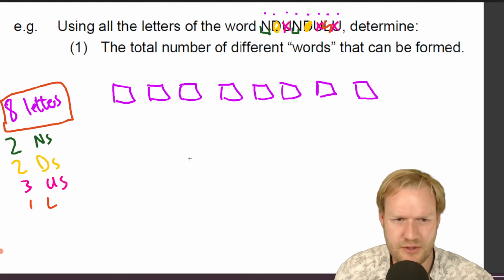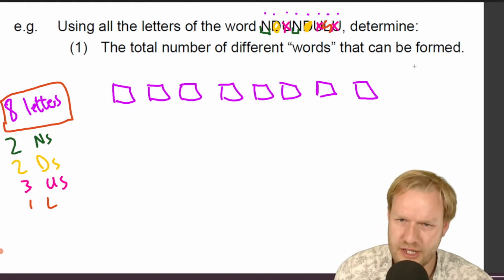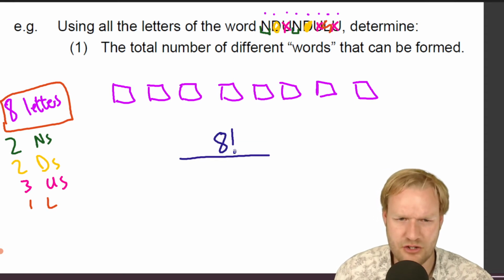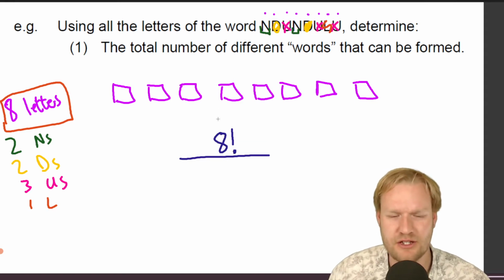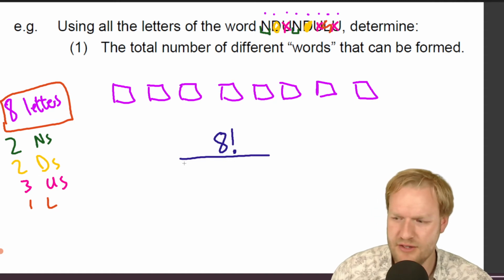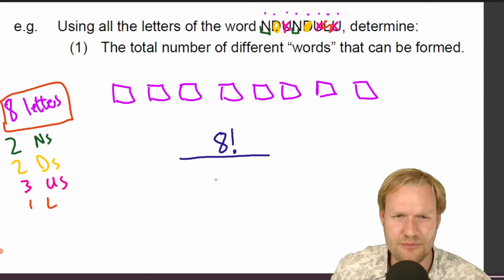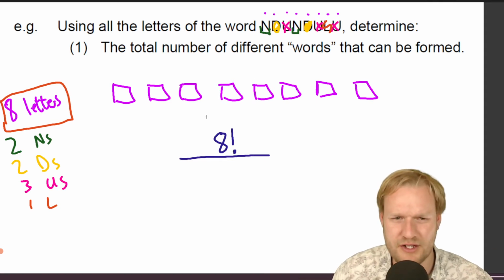And that is, if we want to see the total number of different words that can be formed, then we look at what's going to go in the numerator of our fraction here. Well, we said it's the total number of letters or blocks to be filled in. So 8 factorial. In the denominator, well, we're interested in all the things that are repeated.